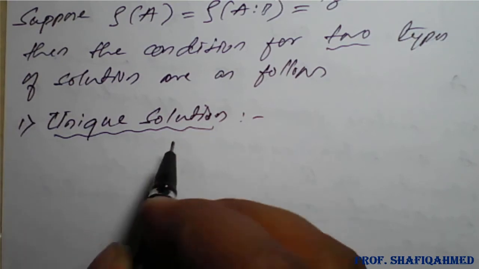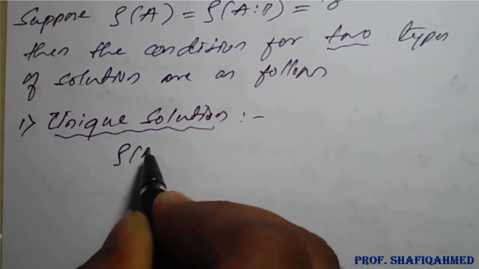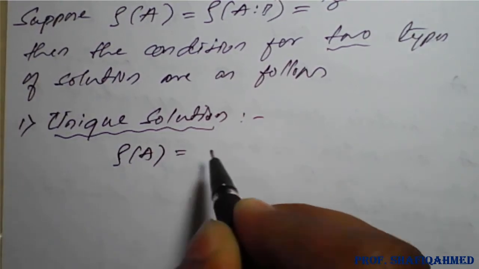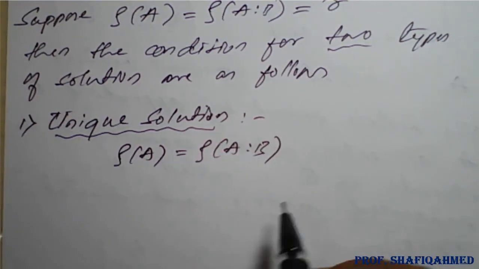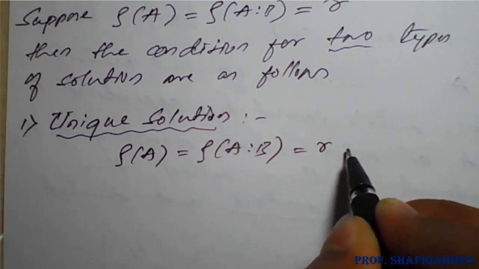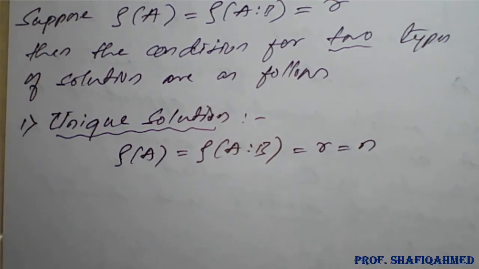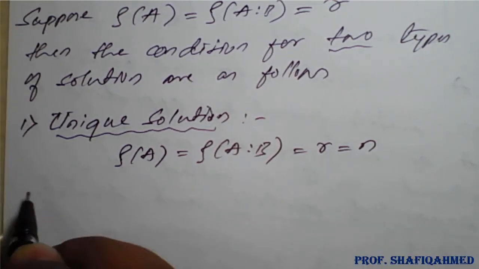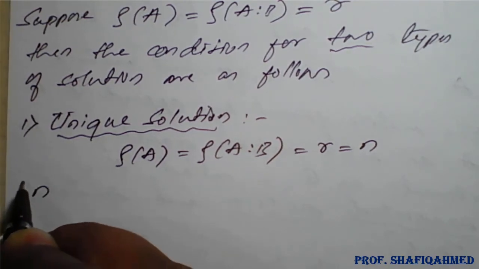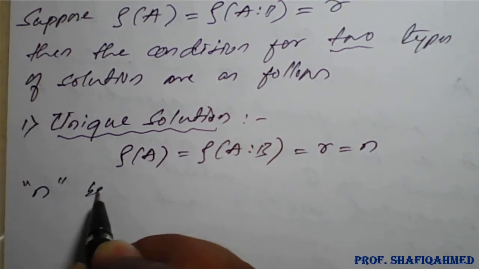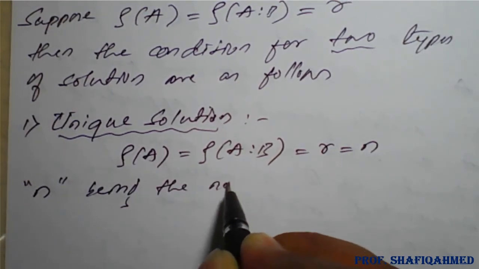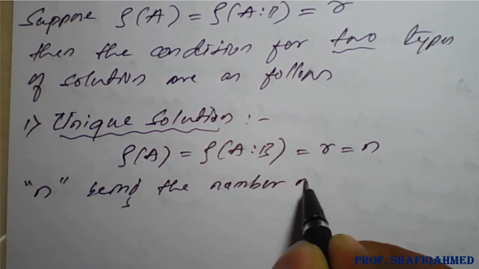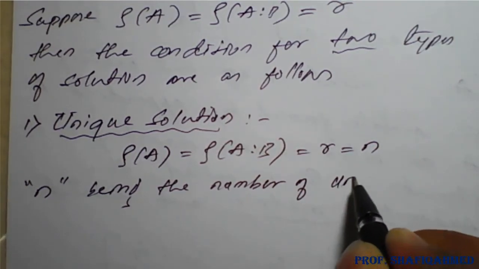Unique means rank of A should be equal to rank of augmented matrix AB is equal to R is equal to N. Here I can say that N is the number of unknowns.